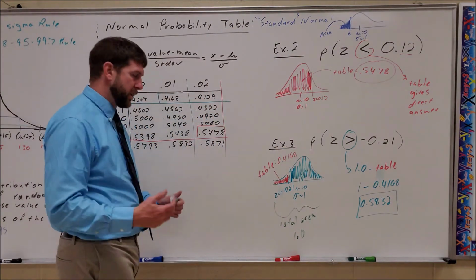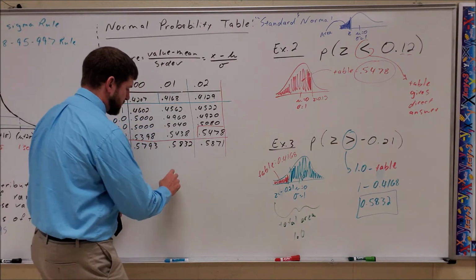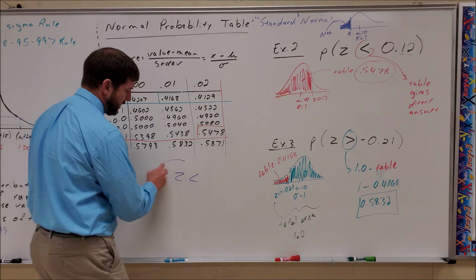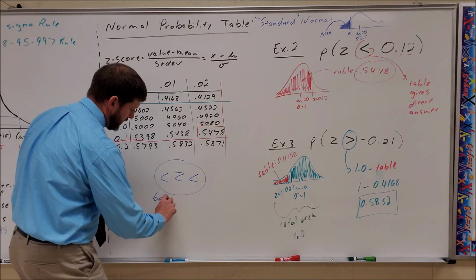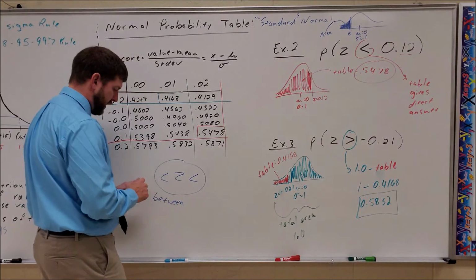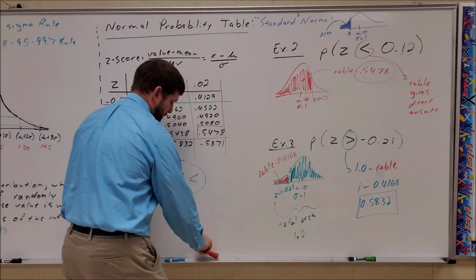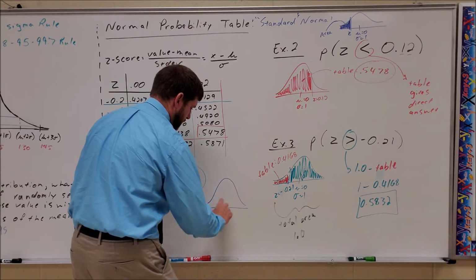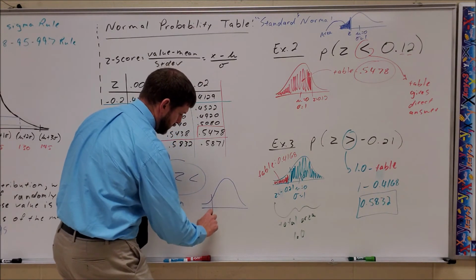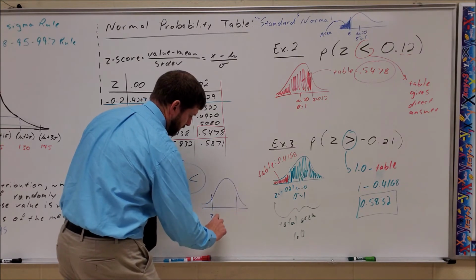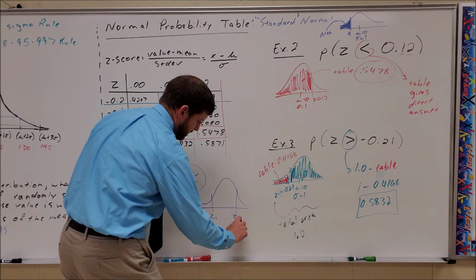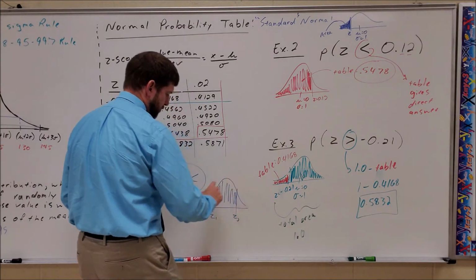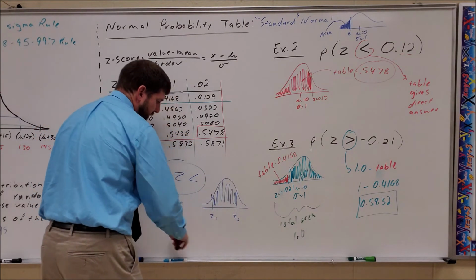And if I had a between situation, so say you said something like a z-score between 2 values, that's what it would look like. If it's between 2 values, graphically, it's going to look like, here's a z, here's a second z, and we want between. Well, how do we get that?